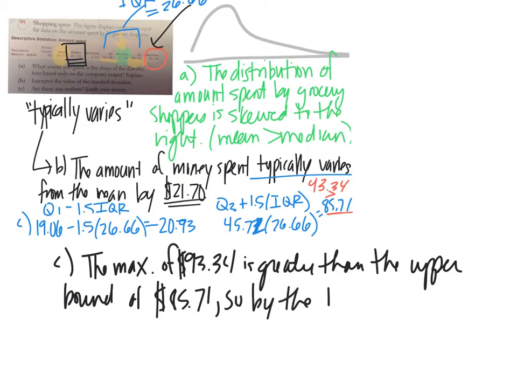So by the 1.5 IQR rule, $93.34 is an outlier.